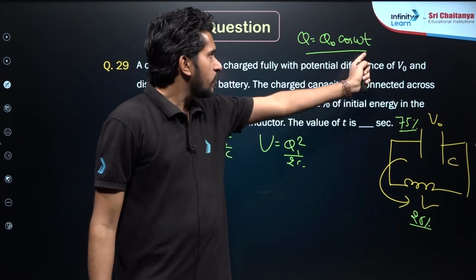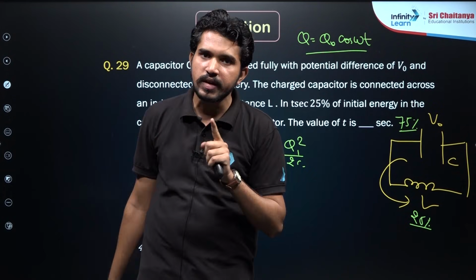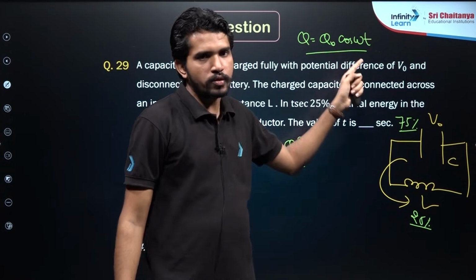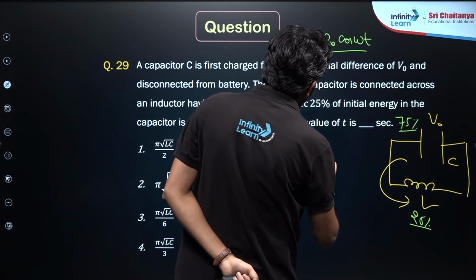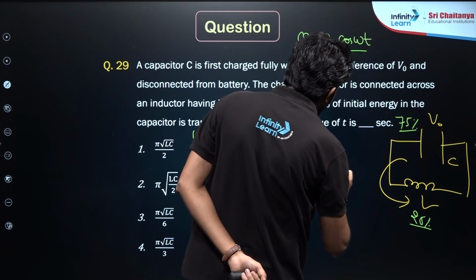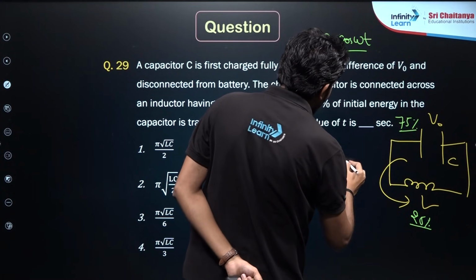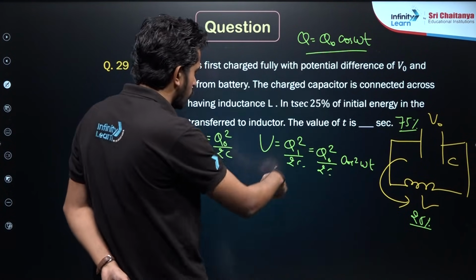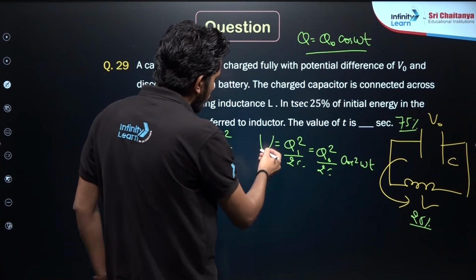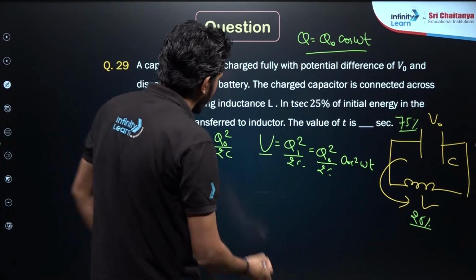Because initially when you are putting t equal to 0 second, then Q is Q naught. So put that value here, Q naught square by 2C and cos square omega t, and Q naught square by 2C is U naught, and U is also given.